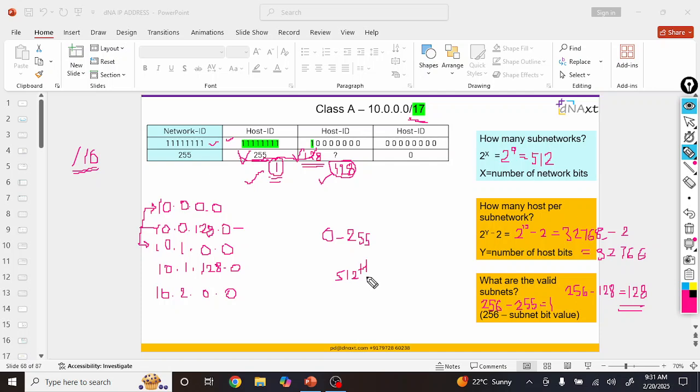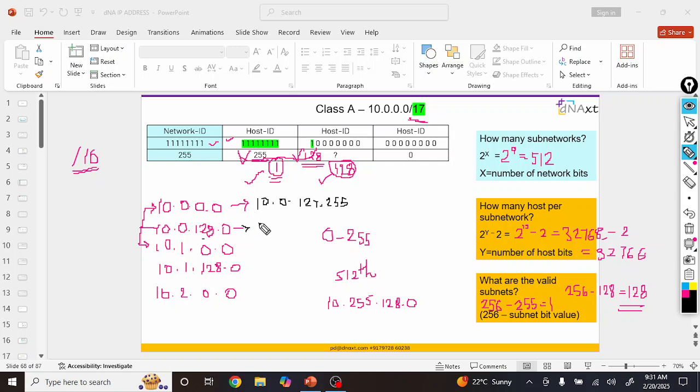The last, 512th network that you will get is 10.255.128.0, and the broadcast ID of this will be 10.255.255.255. The broadcast ID over here will be the previous ID of the next network. So for the first network it is 10.0.127.255.